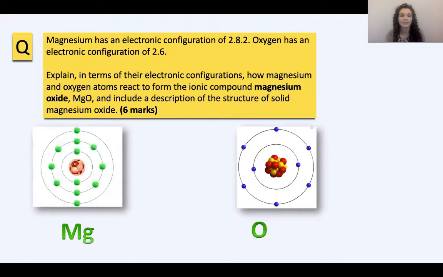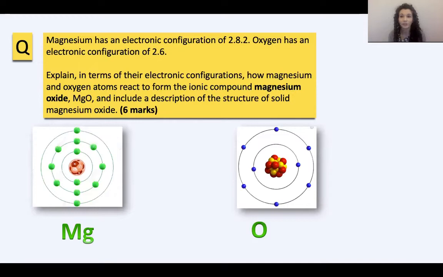So here we can see the structures of magnesium and oxygen. Remember, because magnesium's electronic configuration is 2,8,2, its outer shell has 2 electrons. Oxygen, because its electronic configuration is 2,6, has 6 electrons in its outer shell. Now remember what I said about atoms and how they like to have a full outer shell of electrons.